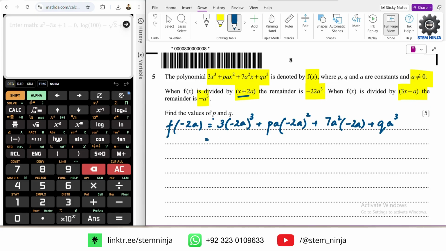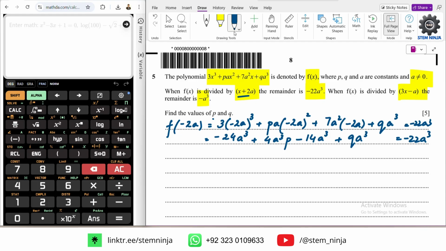Okay, let's simplify this. Minus 2 cubed is just minus 8. Minus 8 times 3 is minus 24a cubed. And 4a squared, this would be 4a cubed p, plus 14a cubed plus qa cubed, and this is equal to minus 22a cubed.